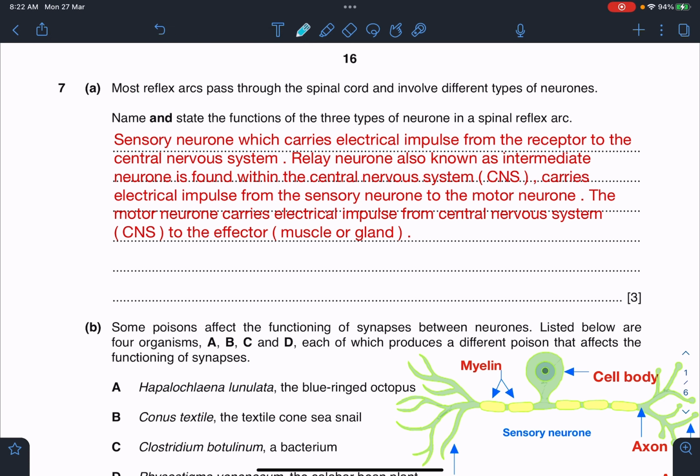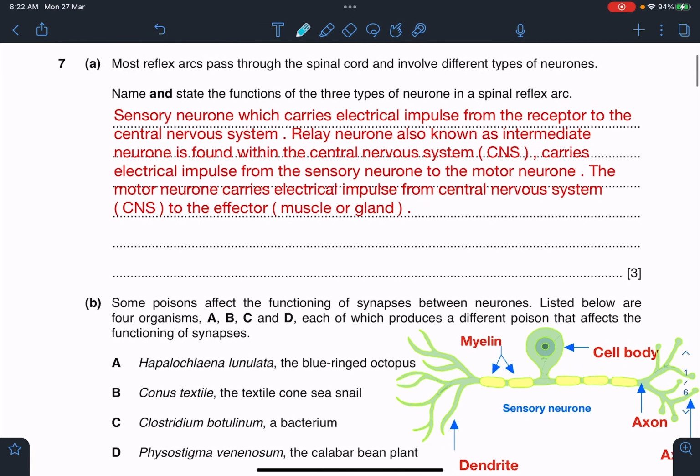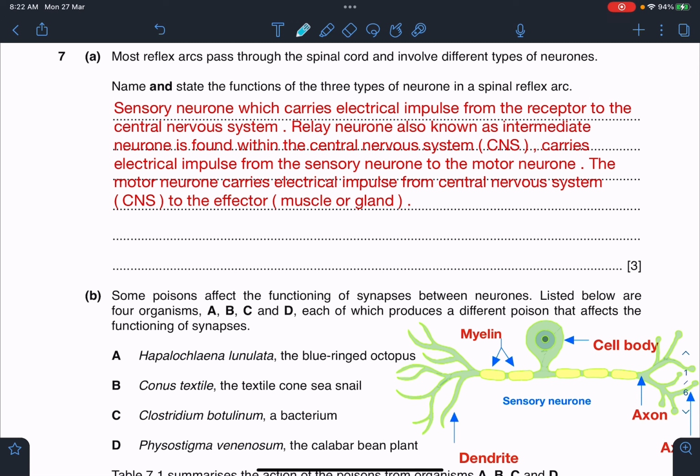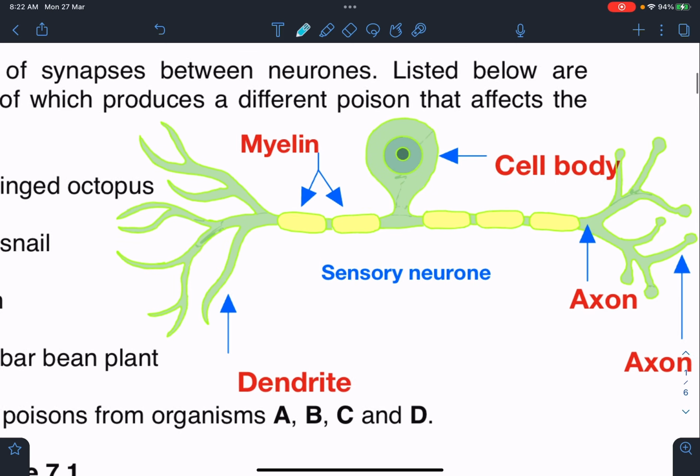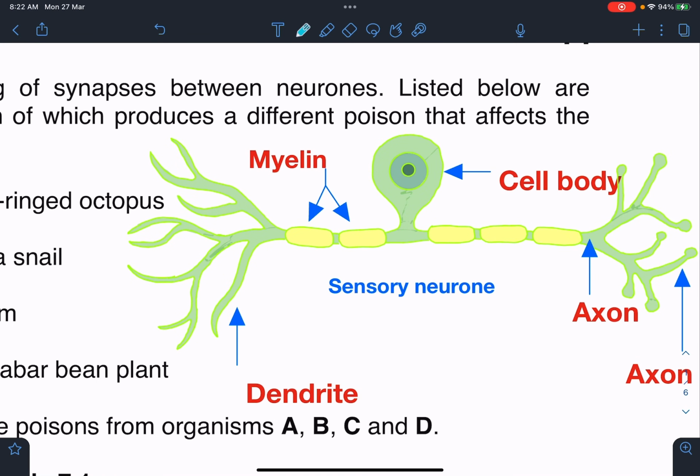So as we all know, there are three types of neurons. In this A-level biology syllabus, we have the sensory neuron, the relay neuron, and the motor neuron. I've drawn a diagram for the sensory neuron so you can have a better understanding.